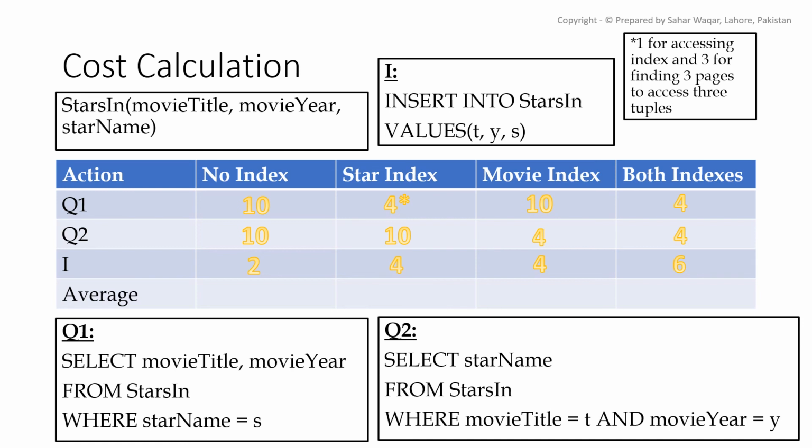Since now we have cost measures for all possible types of indexes, how do we decide which index to pick? We might need some kind of average to see which index attribute gives us lower cost.